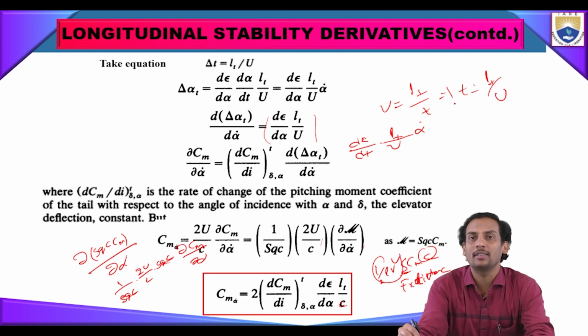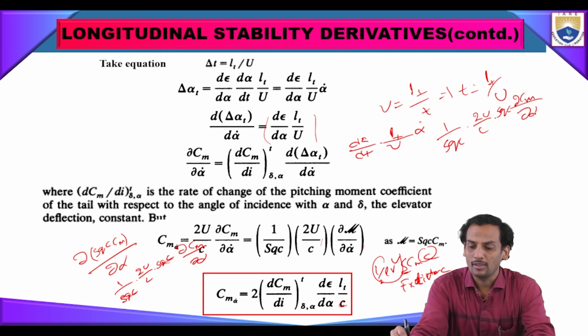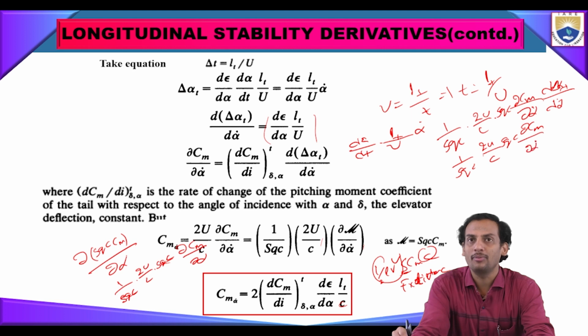If you are confused, it will be 1 by SQC into 2U by C into SQC into ∂CM by ∂α dot into dΔα_t by dα dot. Then ∂α dot again we write in terms of di, and dΔα_t by dt will be dε/dt into lt by U. If this U gets cancelled and SQC and SQC get cancelled, then what is the remaining term?